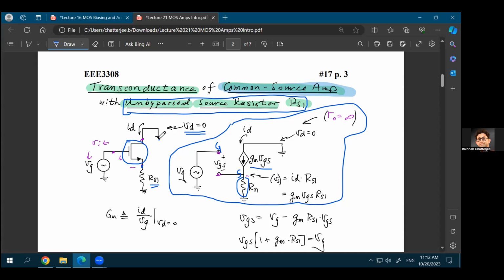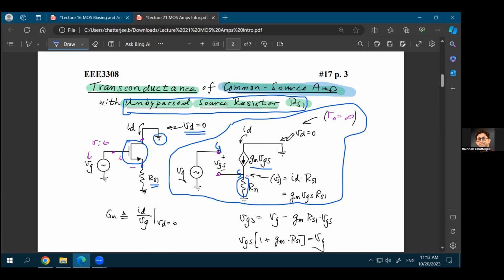The supply is a constant DC voltage. If it is a constant DC voltage, the AC voltage at that point is 0, which means that this can be considered as an AC ground. So that's why we have connected it to ground when we are doing the AC analysis. In terms of DC, of course, there will be a current flow from VDD to ground. But in terms of AC analysis, you can consider this point to be the same as the other ground.